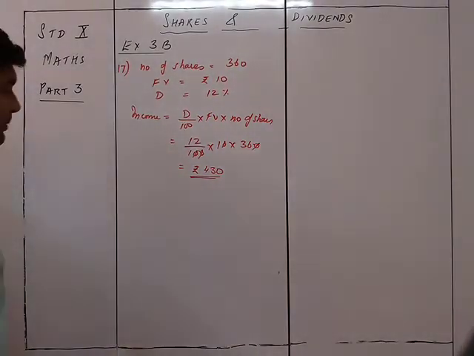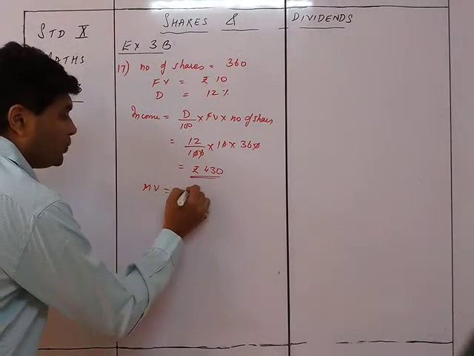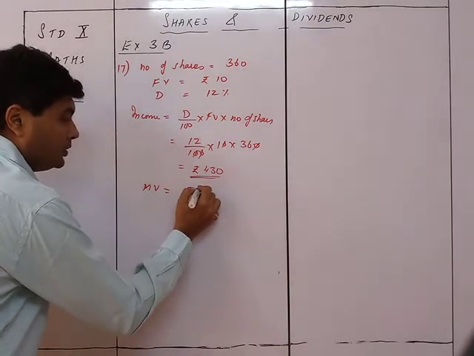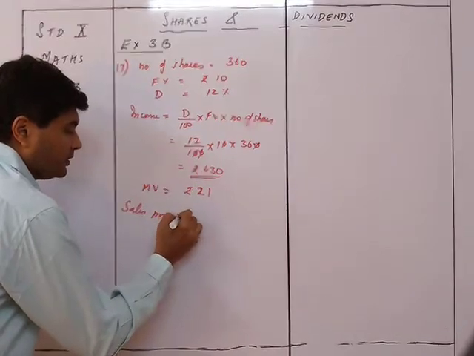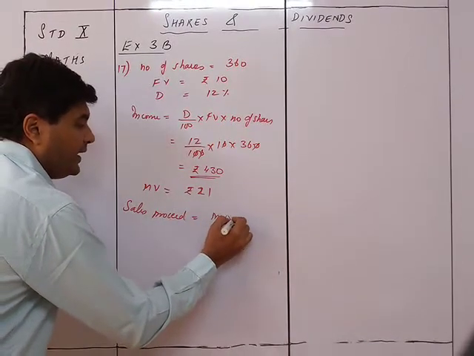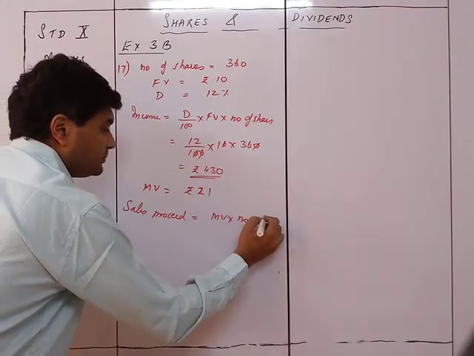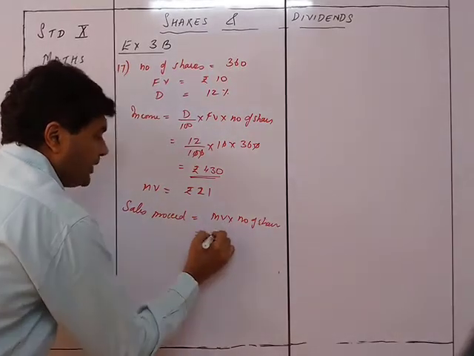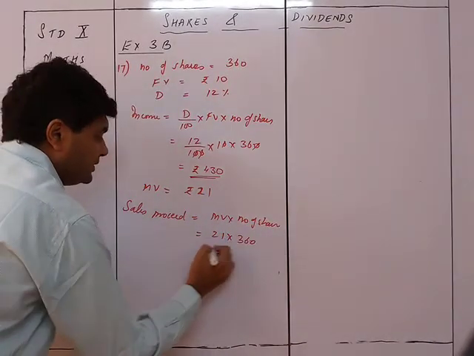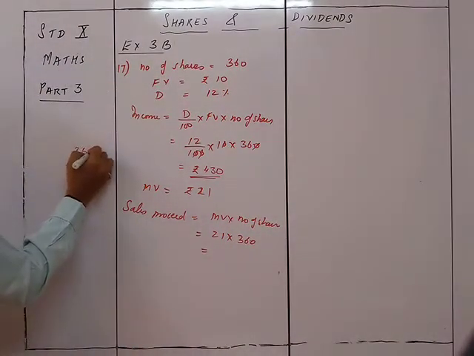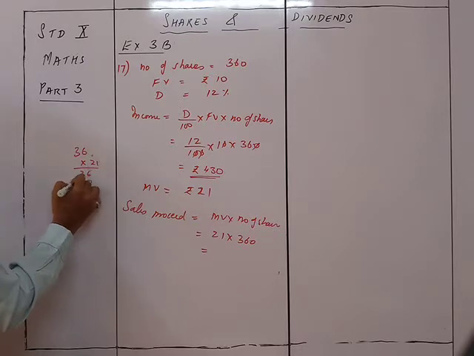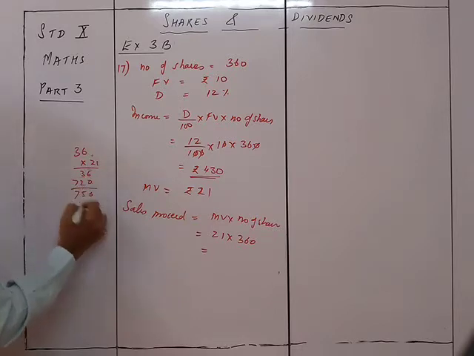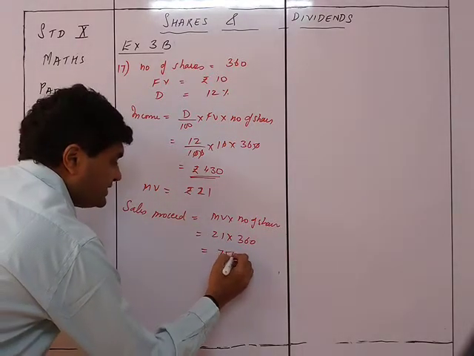Now MV is given to you as rupees 21. So accordingly the sales proceeds are going to be MV into number of shares, which is 21 into 360. That will be 7560.